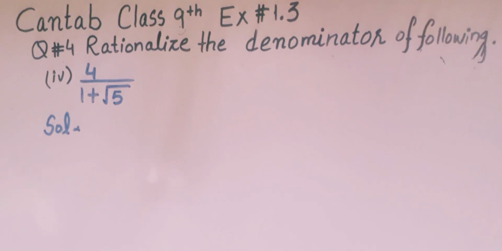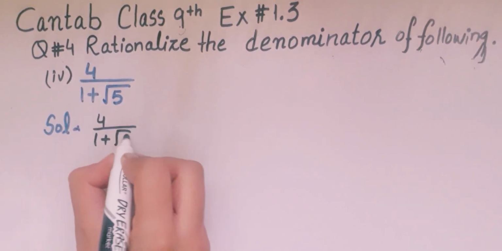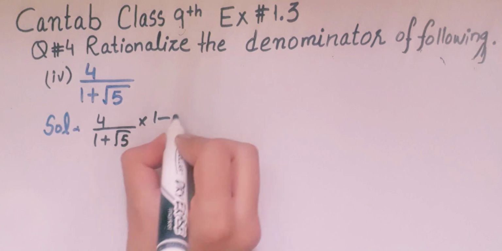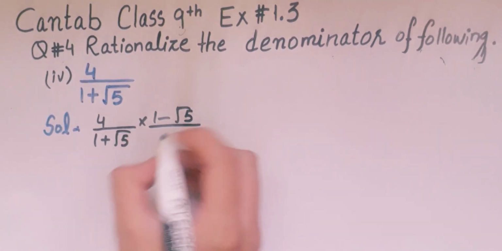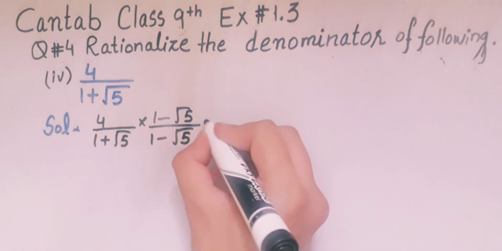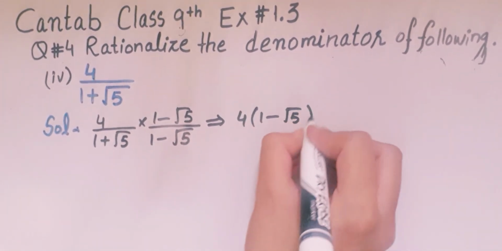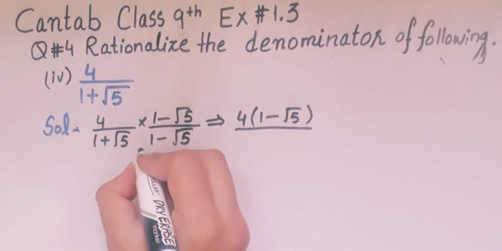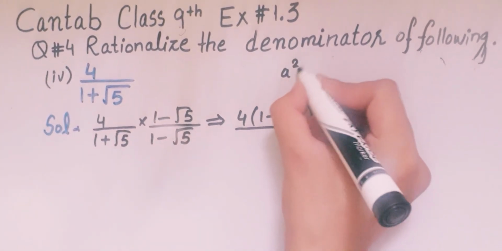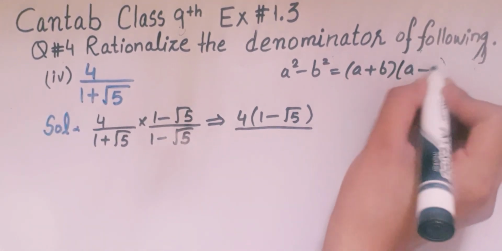Now we will solve part 4, which is 4 by 1 plus square root 5. 4 by 1 plus square root 5 multiply by 1 minus square root 5 by 1 minus square root 5. 4 into 1 minus square root 5, and here we apply the formula of a square minus b square, which is equal to a plus b into a minus b.